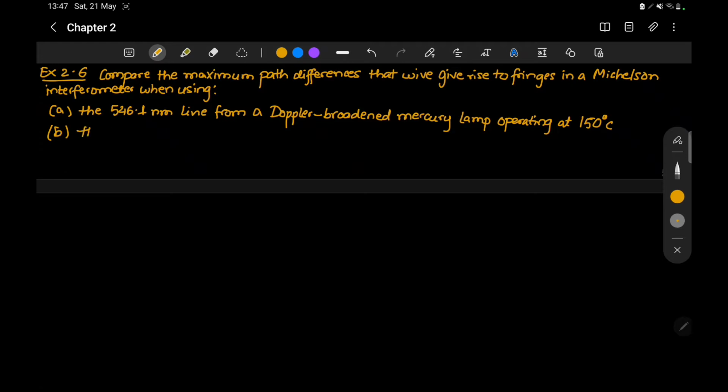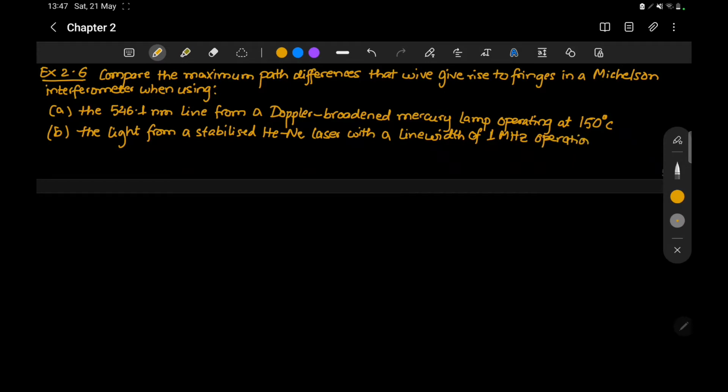The next one is the light from a stabilized helium neon laser with a line width of 1 megahertz operating at 632.8 nanometers.